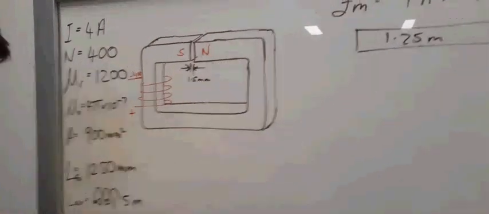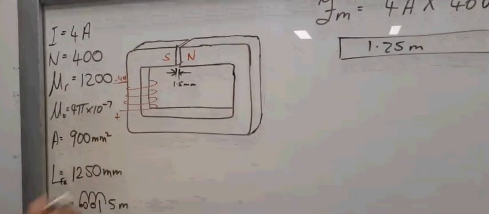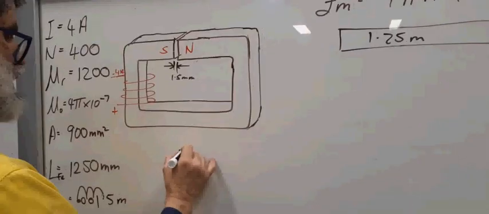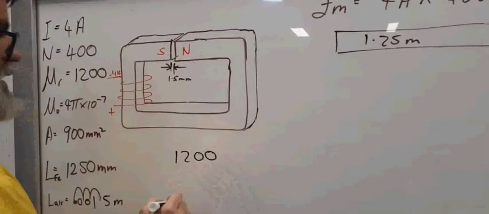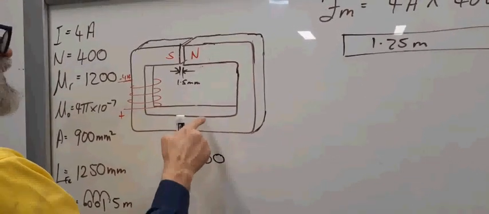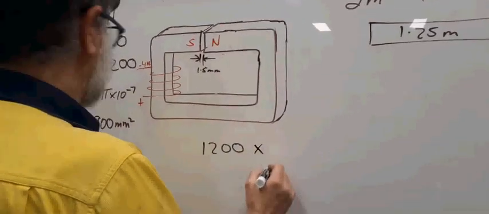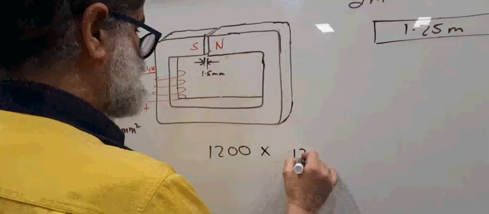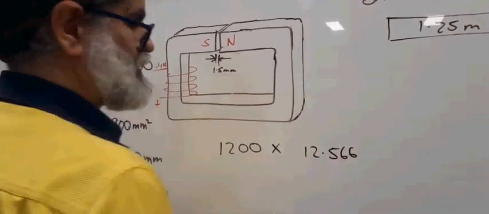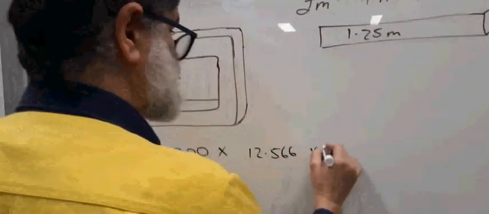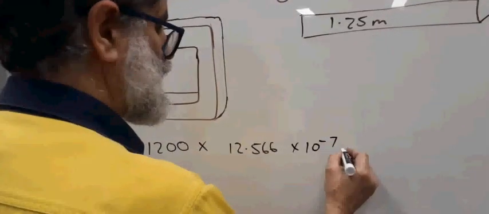So we know that it's 1,200 times better than air, conducts. The steel conducts magnetic lines of force 1,200 times better than air. So we multiply that by the absolute, which is 12.566, which is what 4 times pi is, times 10 to the minus 7.